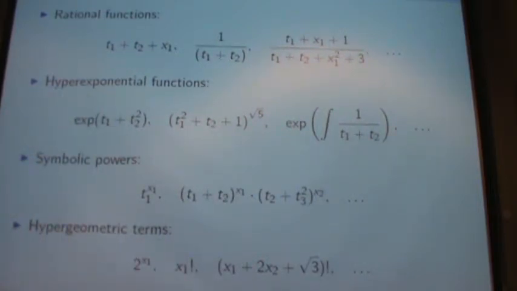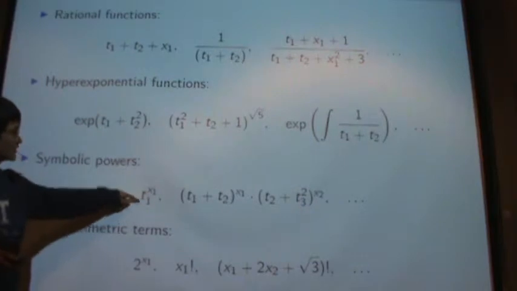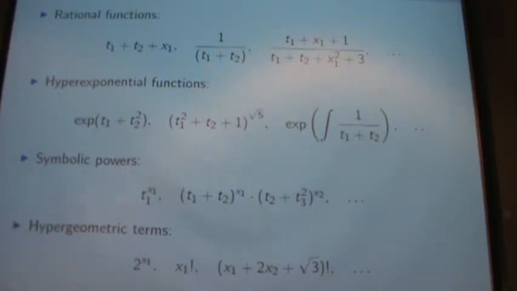And there are several kinds of symbolic power, where the exponent is a discrete variable, and the inside is a function of continuous variables. And then the usual hypergeometric terms are hypergeometric. So these are very typical examples. Later I will show that you can build up any hypergeometric function by taking a product of those very basic functions.